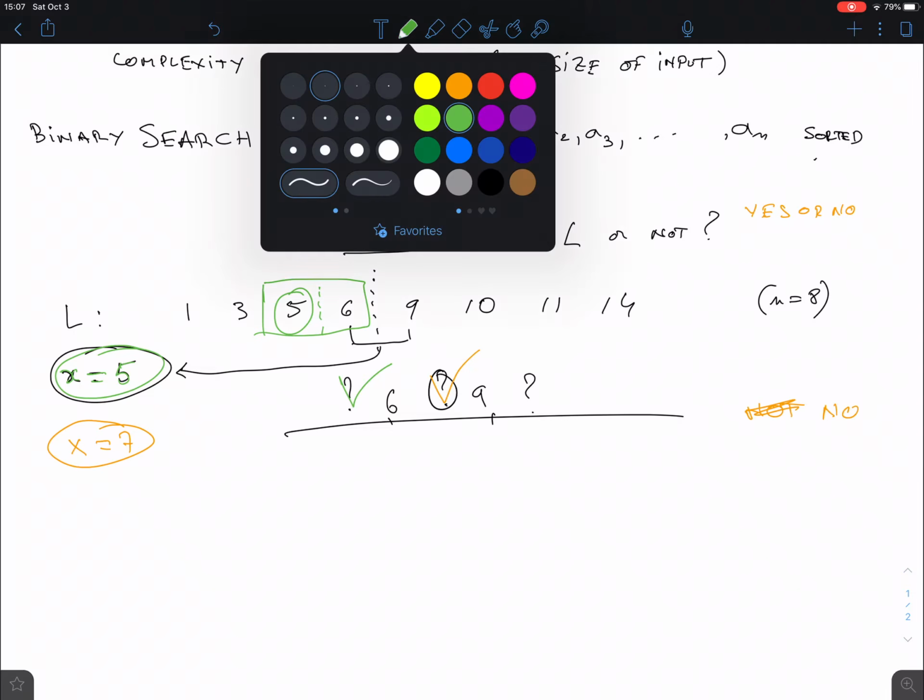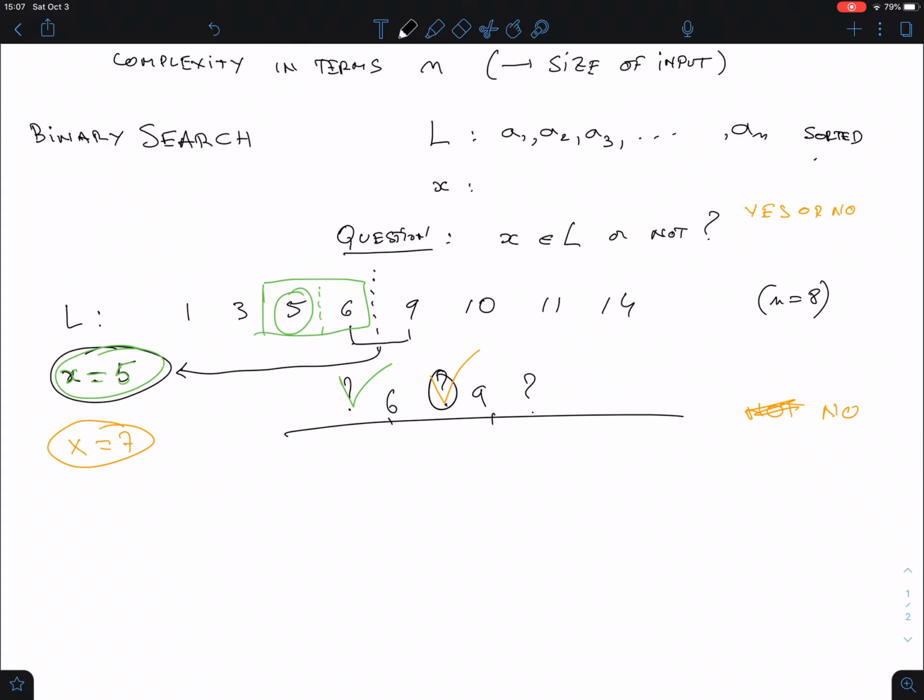Okay, so let f of n be the complexity of this binary search for a list of length n.